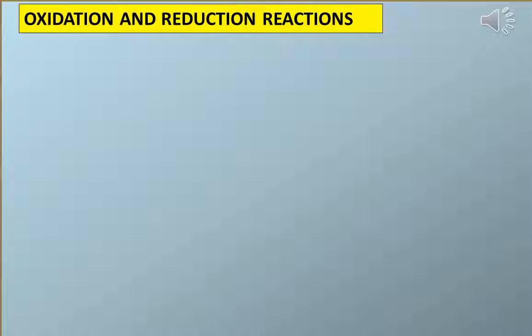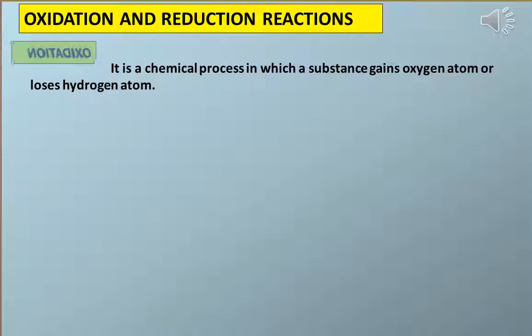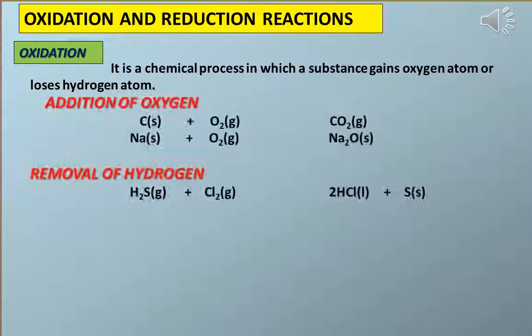Now we talk about oxidation and reduction reactions. If we talk about them separately, oxidation is a chemical process in which a substance gains oxygen atoms or loses hydrogen atoms. For example, when carbon or any other metal adds oxygen, it gets oxidized and forms oxides.